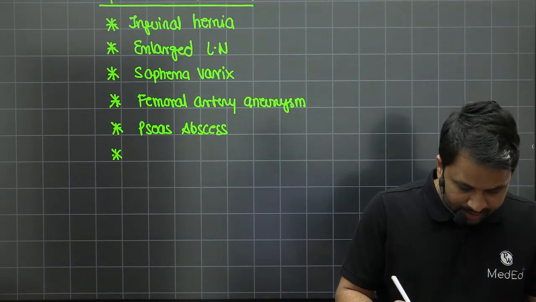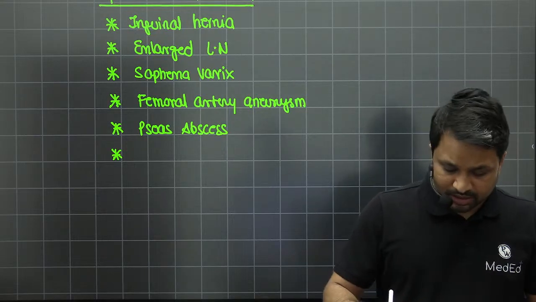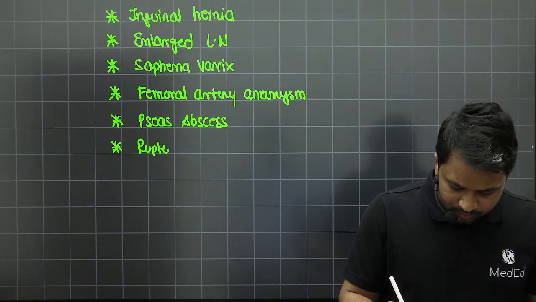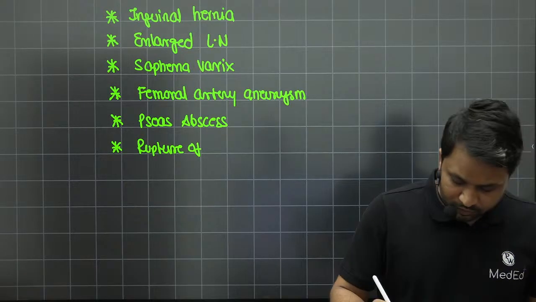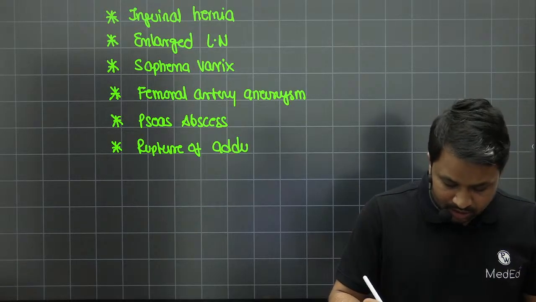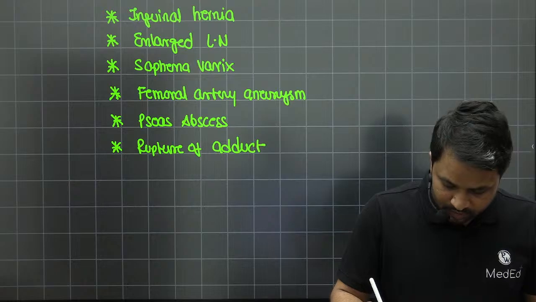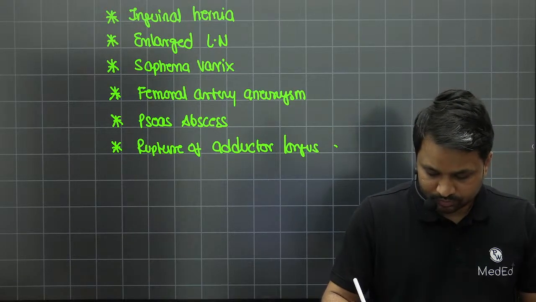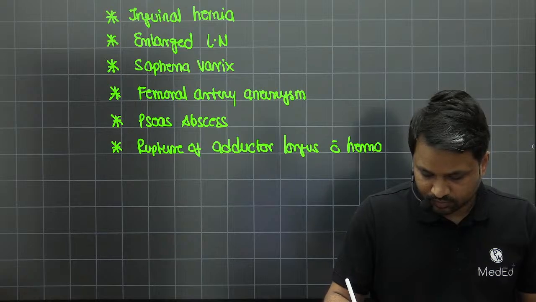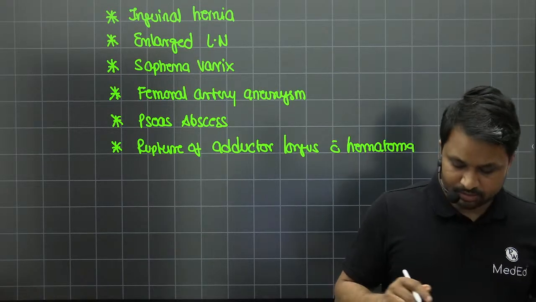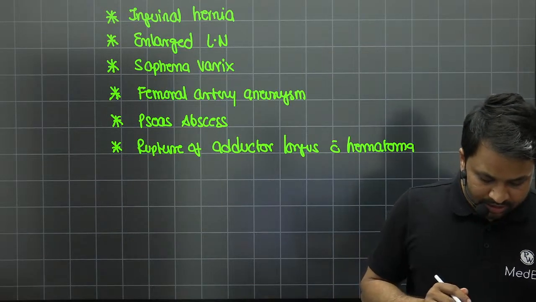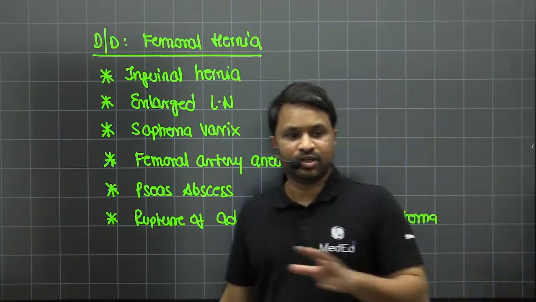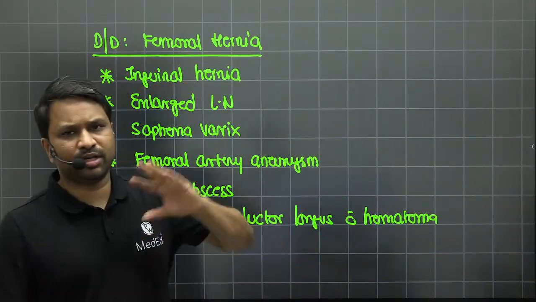And then the muscle that can cause a hematoma and mimic a femoral hernia is the rupture of adductor longus with hematoma, right? So these are the ones that are going to present to you as the DDs of femoral hernia.